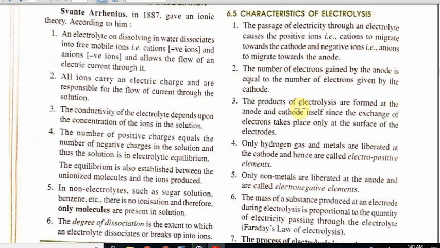The products of electrolysis are formed at anode and cathode itself because exchange of electrons takes place at this point only. Only hydrogen gas and metals are liberated at cathode, so they are called electropositive elements. Only non-metals are liberated at anode, so they are called electronegative elements.